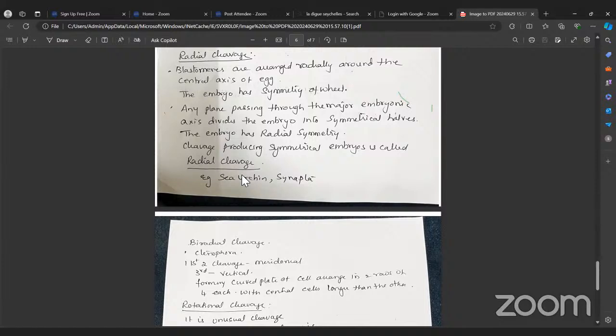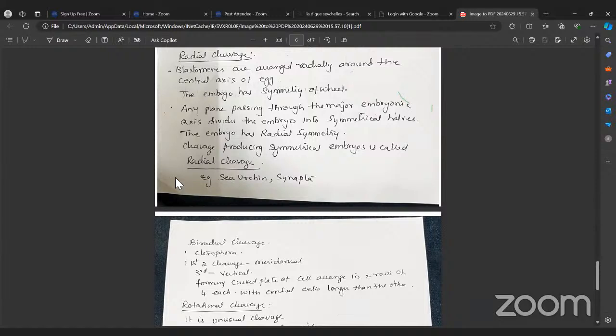Whereas in case of sea urchin, Amphioxus and frog, you will see that the third cleavage is not at the equatorial region. It is above or below the equatorial region, which gives rise to micromeres and macromeres. Did you understand?